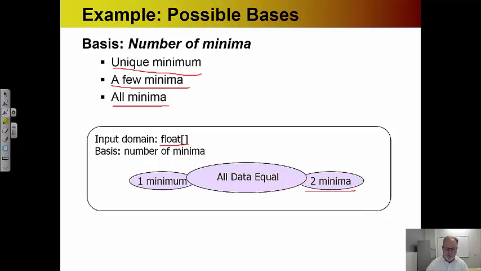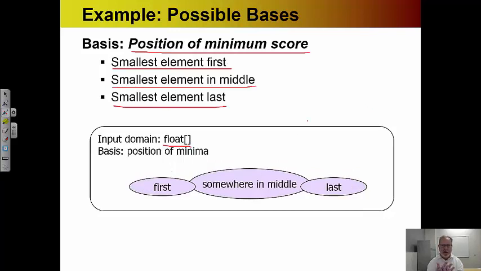If, for example, there are 2 or more minima and I get the wrong answer, then somebody's pulling out something based on an algorithm that's not functionally correct according to the specifications. Okay, so that's the notion of different bases. Even in a very simple example, we had to consider this different dimensionality of the data, which means now I have to start thinking of a number of different test cases to combine in order to cover all of those different bases.